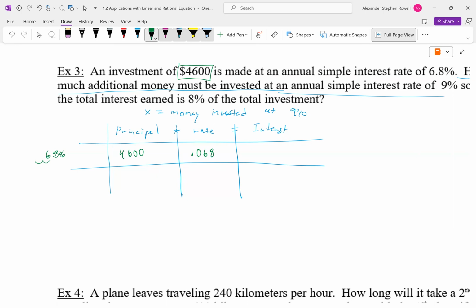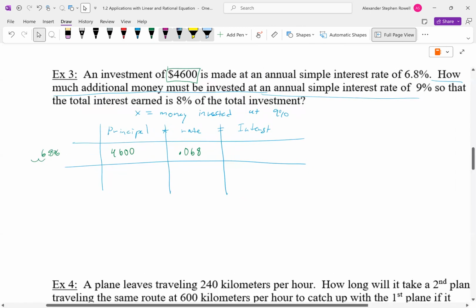Okay, our next investment. So we first want to fill out the first two columns. What's our next investment? How much additional money must be invested at a simple interest rate of 9%? So it's a 9% investment. How much is invested? This is what the question is asking for. X is the money to be invested at 9%.